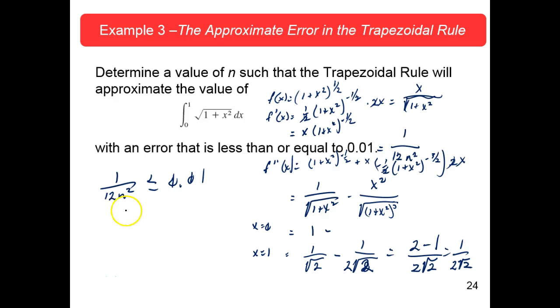So this would be 1 is less than or equal to 0.12 n squared. So divide both sides by 0.12, and n squared has to be greater than or equal to 1 over 0.12. So you figure out what that is.